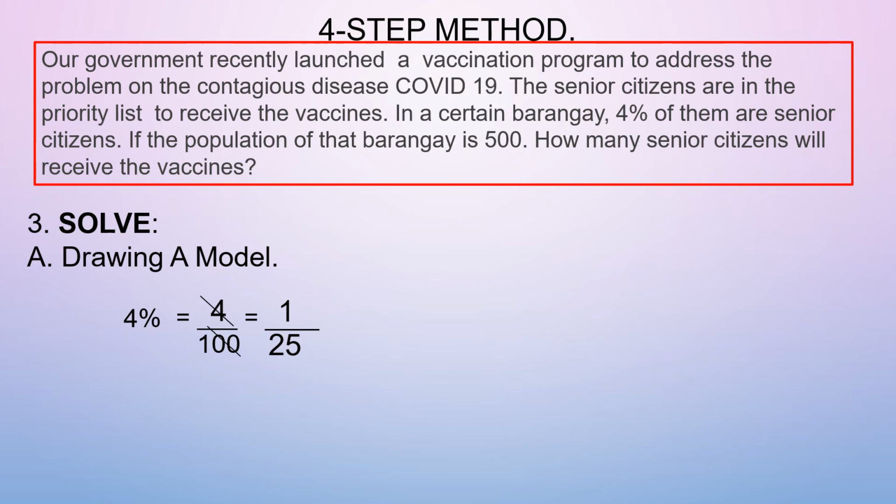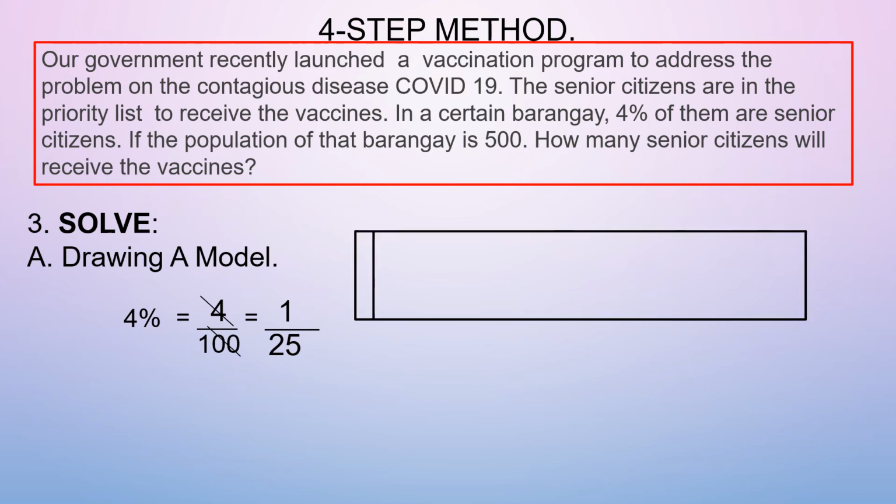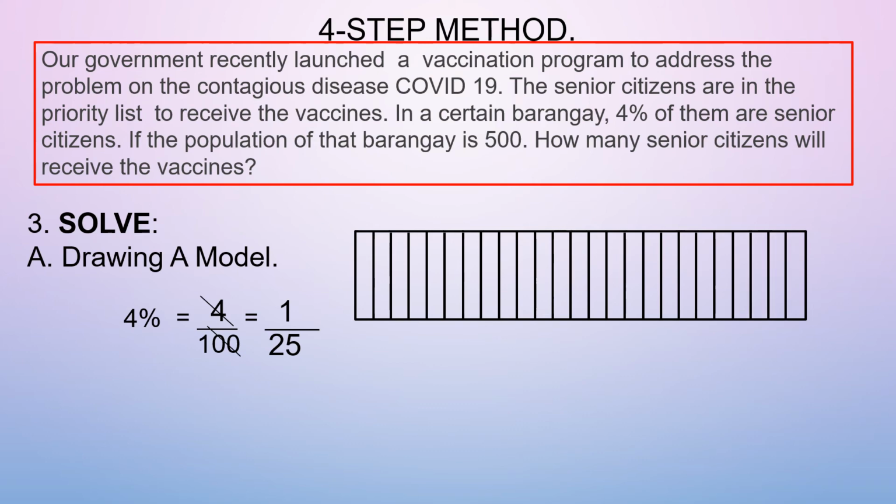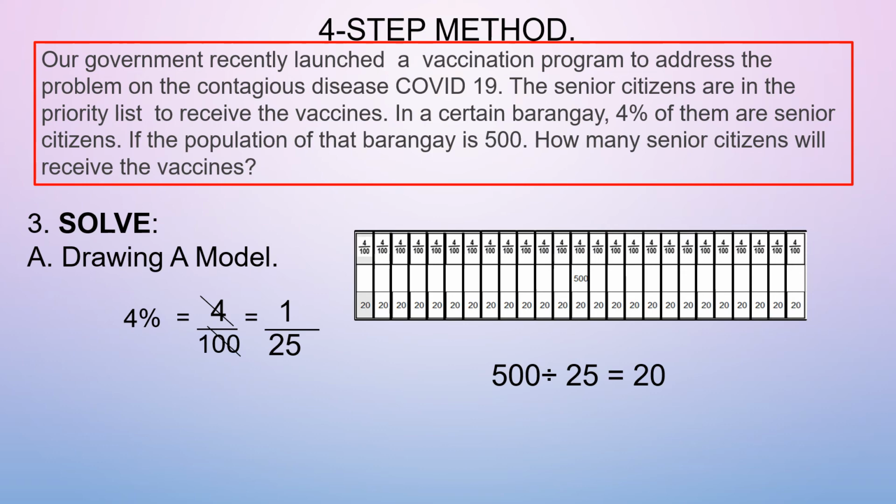Now, we can divide the region into 25 equal parts. We are also going to divide 500 by 25. So 500 divided by 25 equals 20. So 4% of 500 equals 20.